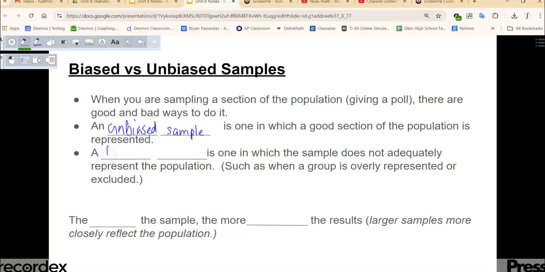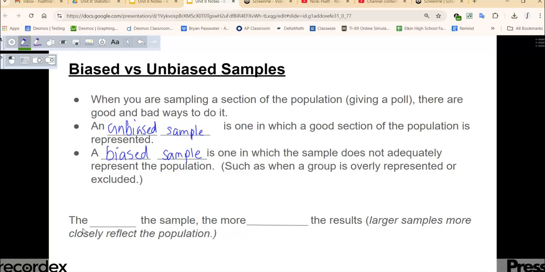But a biased sample is one in which the sample does not adequately represent the population. So this is when one group is maybe overly represented or totally excluded at all.